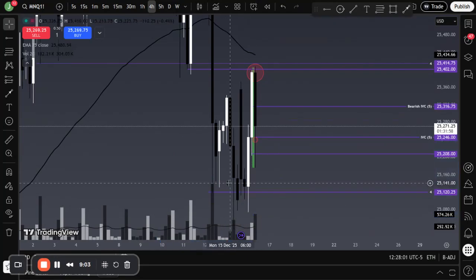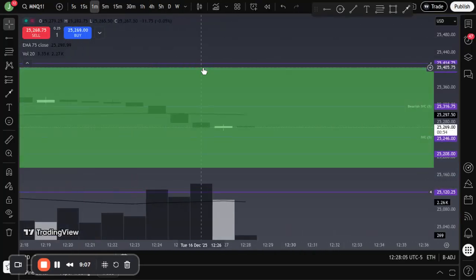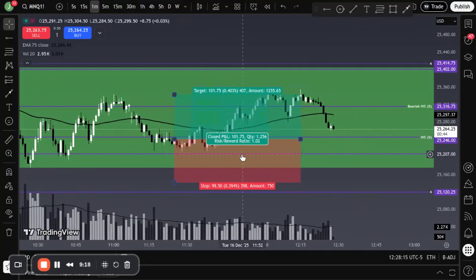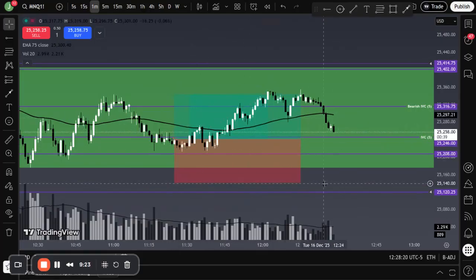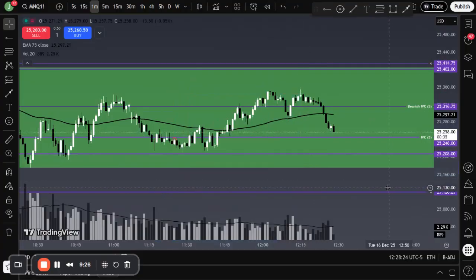right? And I'll show exactly how I executed this, because I actually added to this here, right? So I got in at 257, about right here, and I added a contract. So we had this bullish run up. All right, let me get rid of this and just put up the execution.